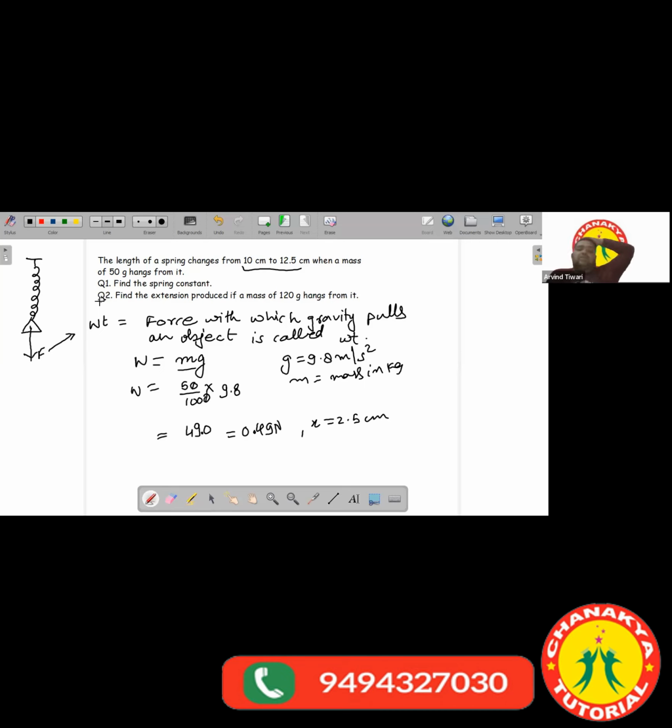For the first case, the force is 0.49 and the extension is 2.5 centimeter. You can do it in Newton per centimeter, but it is advisable to always use the SI system of units. So it would be better if you convert this 2.5 centimeter to meter.